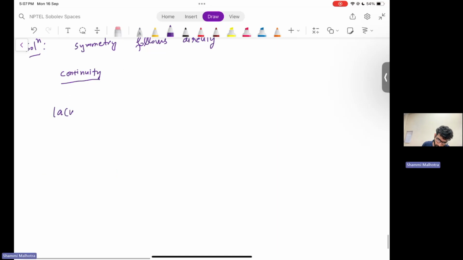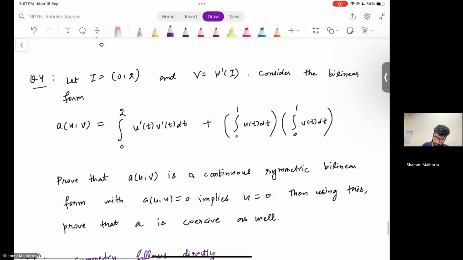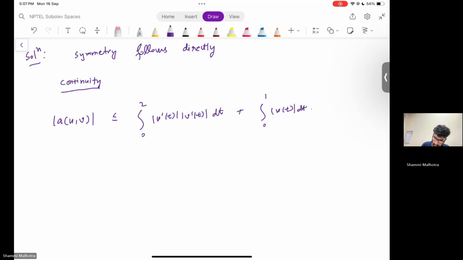So I consider the mod of A(u,v). So one thing is less than or equal to the integral from 0 to 2 of mod u'(t) mod v'(t) dt plus the integral from 0 to 1 of mod u(t) dt multiplied by the integral from 0 to 1 of mod v(t) dt.